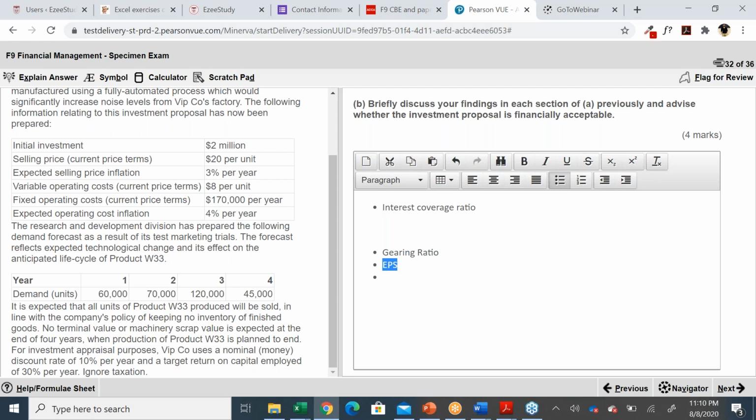So just copy it and take it at the top. Rearrange the points as they should be. It's very easy to do in a computer-based exam. You can't do it with a pen and paper. And whenever there's tabular data, do use tables.